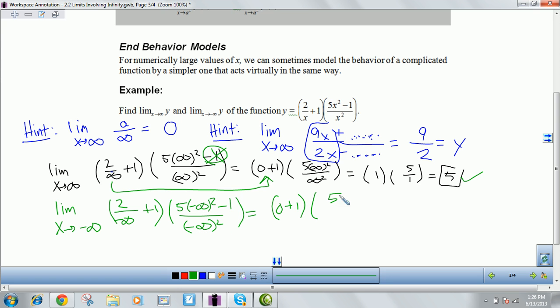So again, both of these are going to be positive, so you would have positive 5. So the limit as x approaches negative infinity is 5, and as it approaches positive infinity is 5. And so your horizontal asymptote is at y equals 5, all the way across. And you can look at the graph of the function. I think I have a graph here.